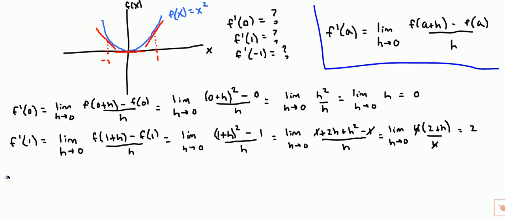F prime of -1. That's the limit as h approaches 0 of f of -1 plus h minus f of -1, divided by h.